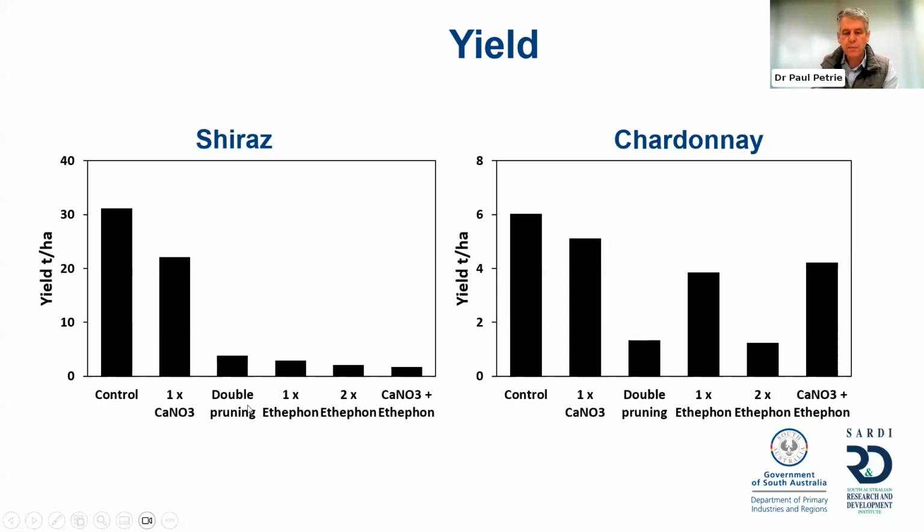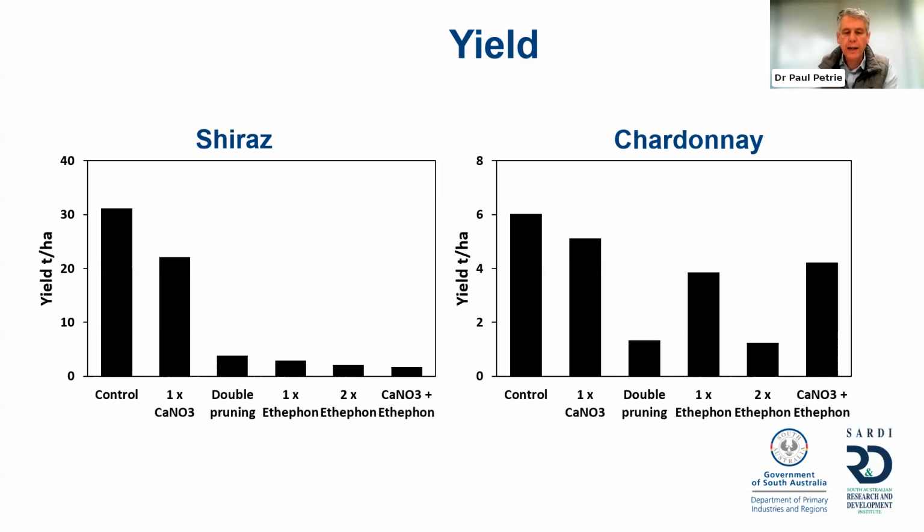But the other management practices, so the ones that included Ethephon and the double pruning, were more effective. The double pruning maybe about 3 tonnes a hectare, and then the ones with Ethephon closer to around 2 tonnes per hectare. I note that while the double pruning was effective, it had quite a negative impact on canopy growth and development. Probably not that surprising.